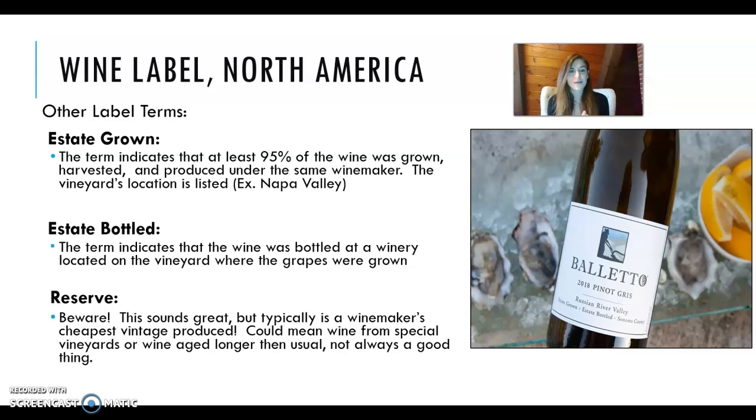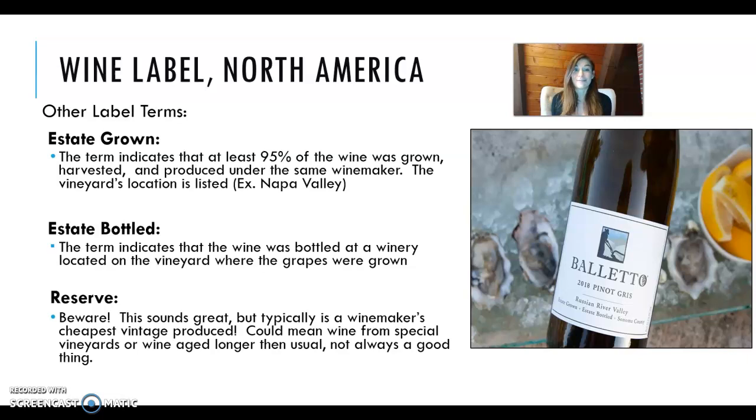And there's one other thing that you might have seen on wines, and that's a term called reserve. Sometimes people are like, oh, it's a reserve, it must be fantastic. Well, reserve actually doesn't have a designation of what it is. Basically what it means is that it's something different from what is normally produced. This could be good or bad.